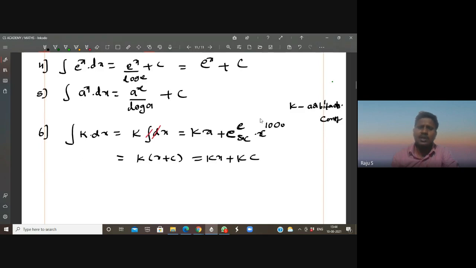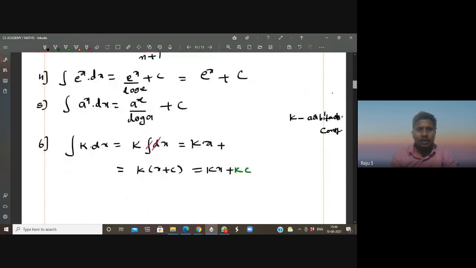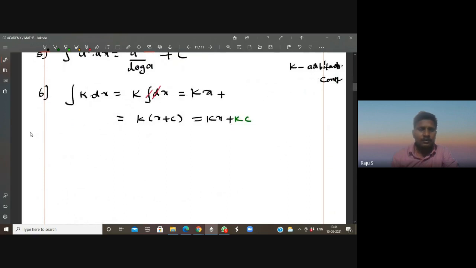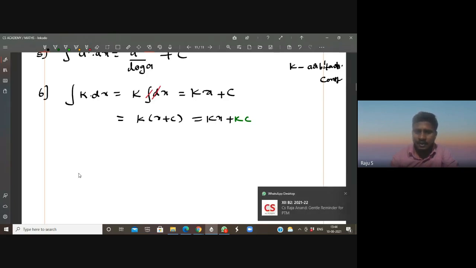You can take any constant. It's not necessary to take only c. You can take log c, e power c. Here I'm writing simply c, whatever it is. Kx plus kc is also 100% right. So c is any constant of integration: log c, e power c, sin c, cos c, c power 100, 100c, like that.